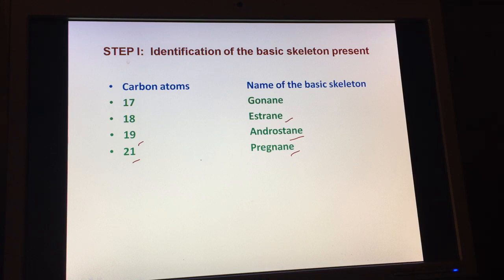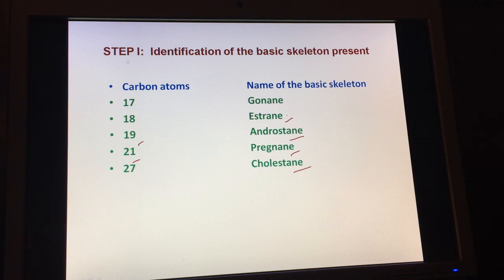And lastly, when it is 27, the name is cholestane. So we have these 5 structures as the basic structures depending upon the number of carbon atoms in the skeleton. 17 corresponds to gonane, 18 to estrane.